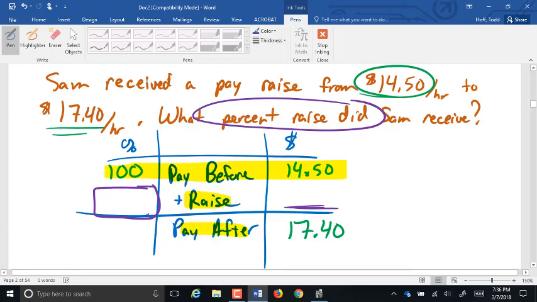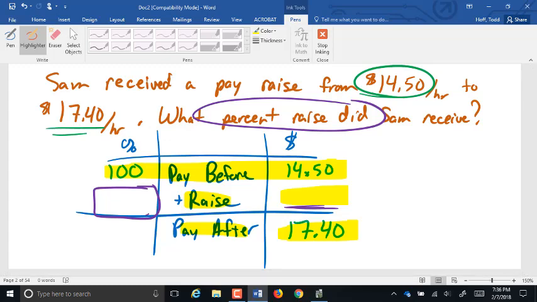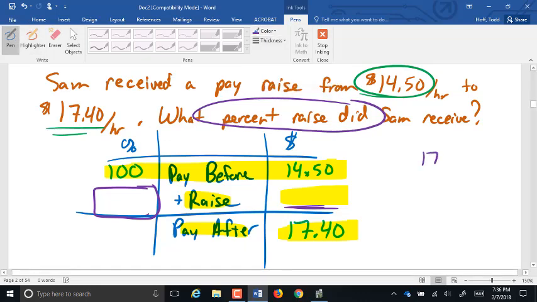But we can find it. That relationship is very consistent. We're adding this number plus this number has to equal this one. What do we add to $14.50 to get $17.40? Well, we work it backwards. We can just subtract.